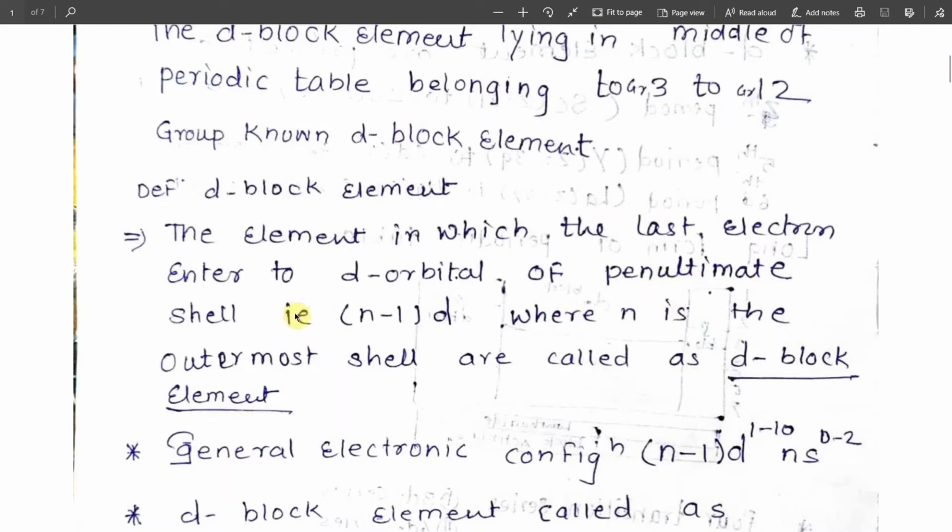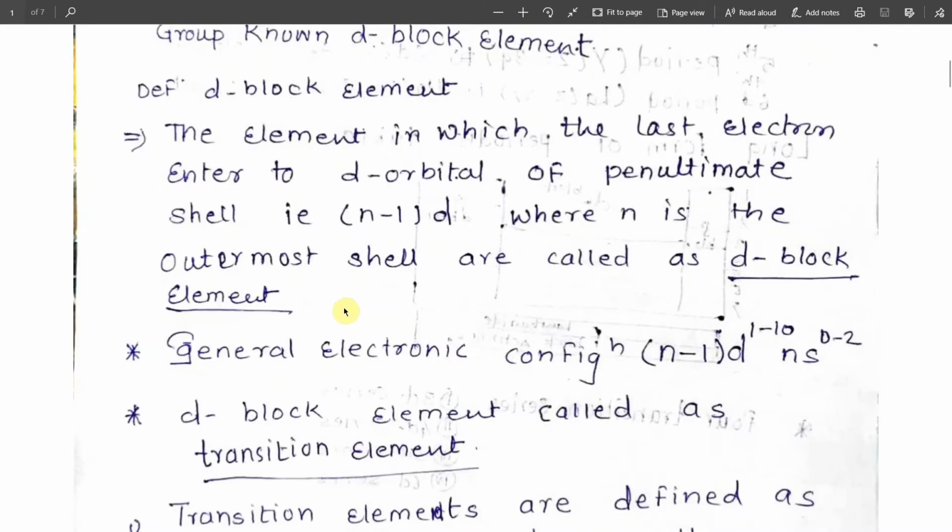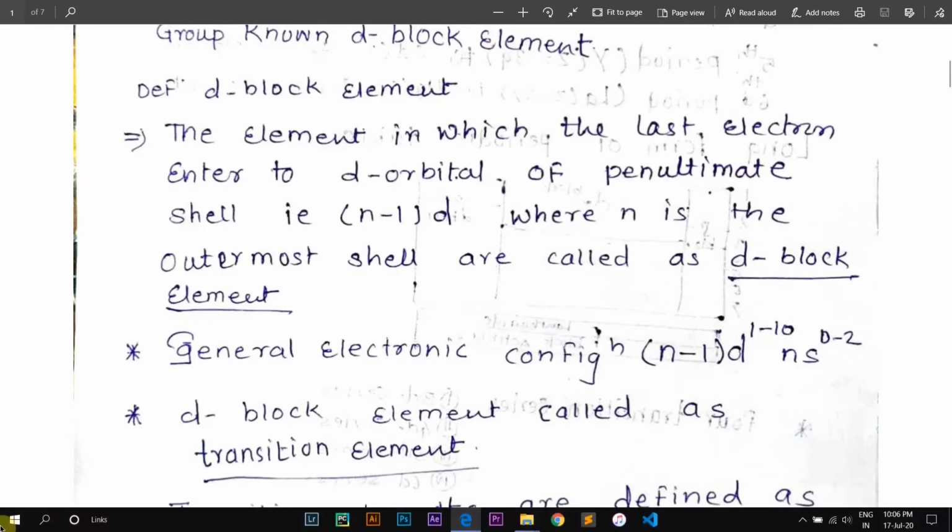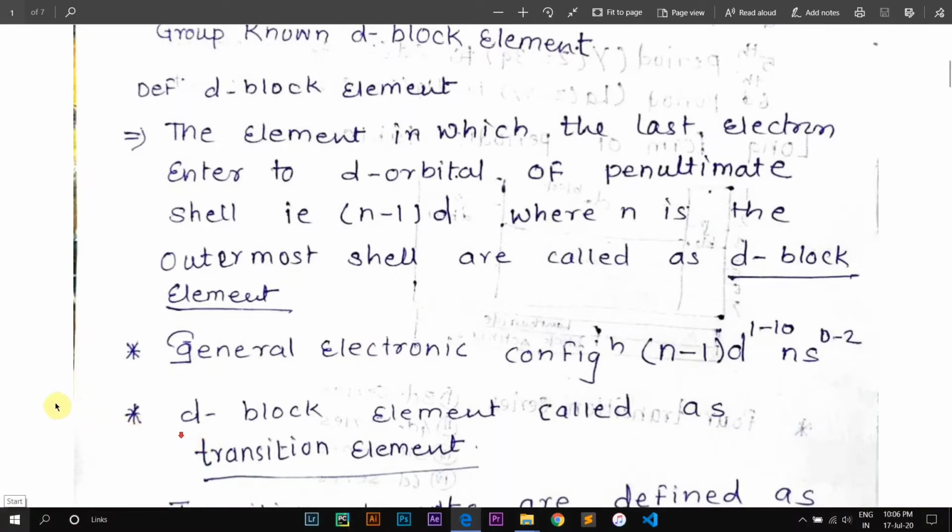Another definition: the elements in which the last electron enters the d orbital of the penultimate shell, that is (n minus 1) d, where n is the outermost shell, are called D block elements. So D block elements are also called the transition metals.